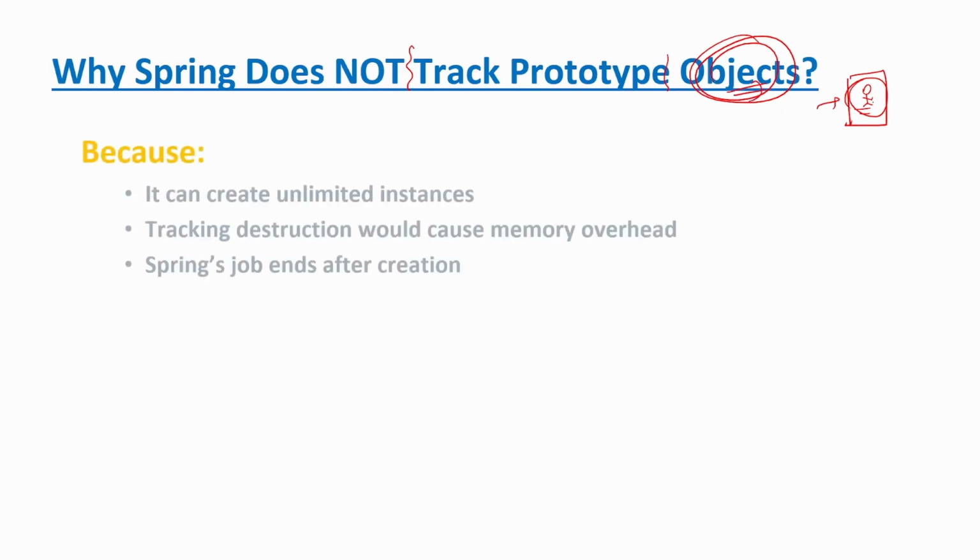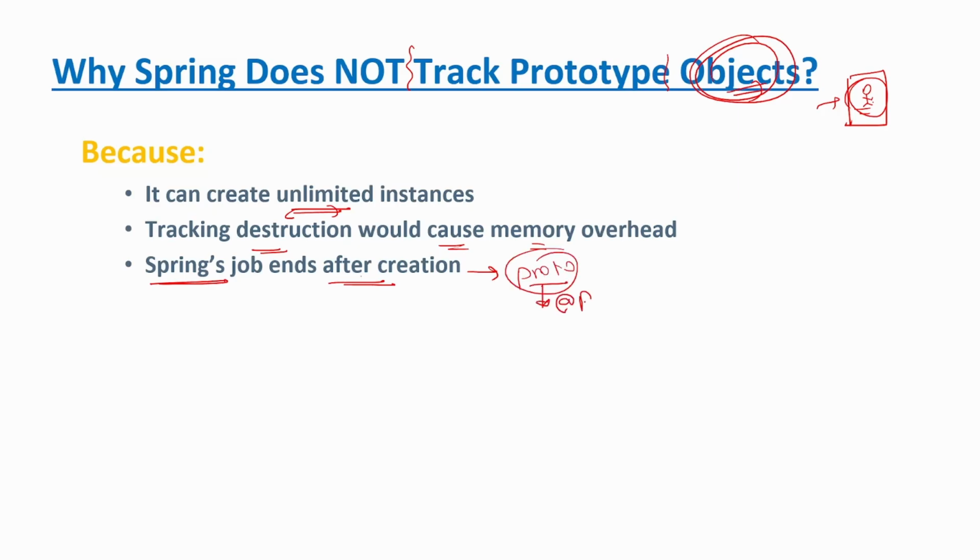It is because for the prototype scope, unlimited instances can be created, and tracking the destruction would cause memory overrun. So Spring's job ends after the creation. Spring creates it, runs its post-construct method for the initialization and returns it to the calling method. And after returning, Spring forgets about it.